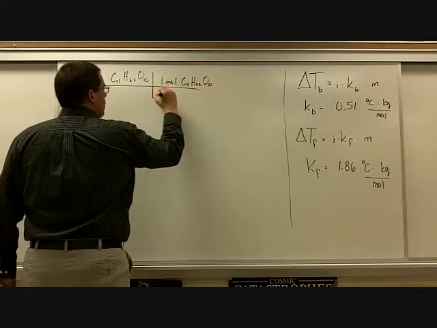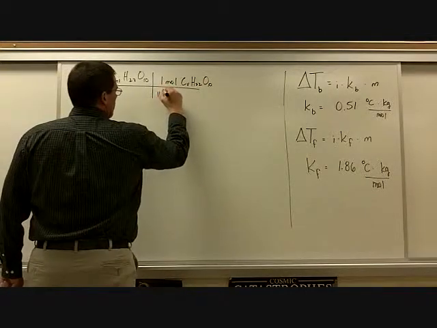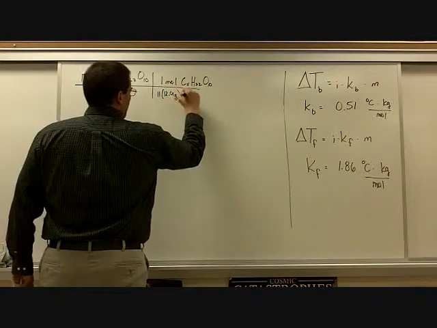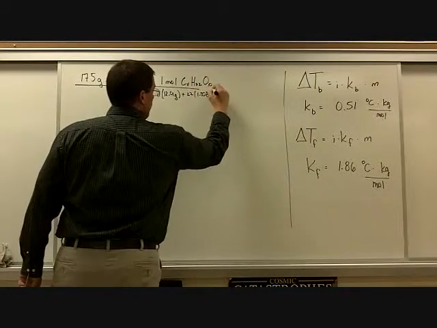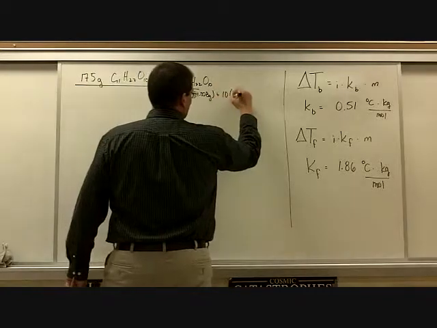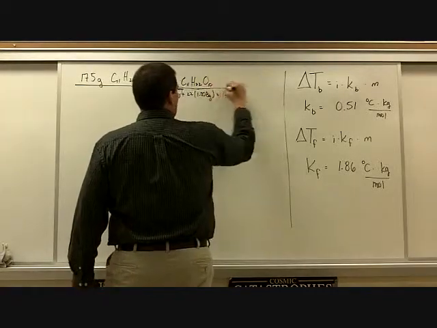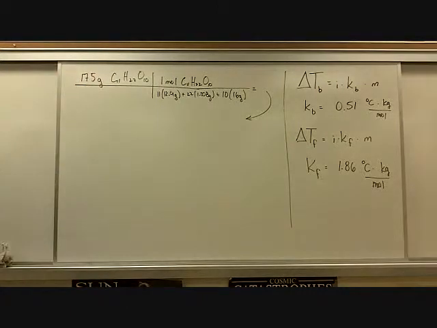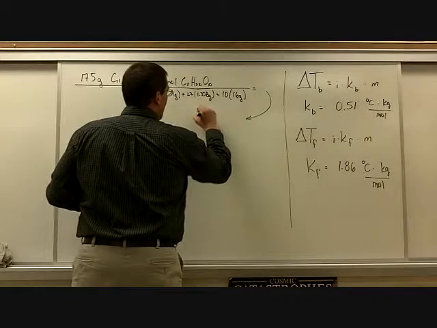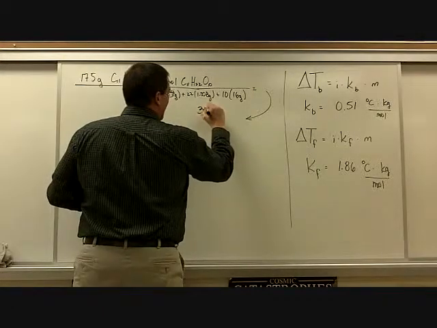So we have to find out the molar mass. So we have 11 of those, 22 of those. And of course, 10 of those. Exactly. And the molar mass for sucrose is 314.